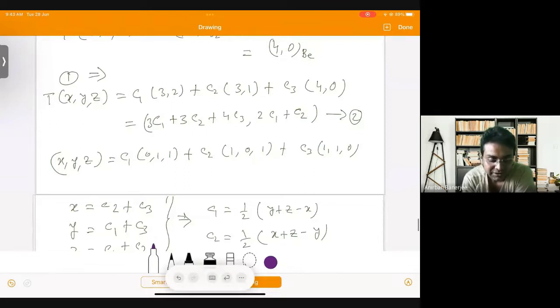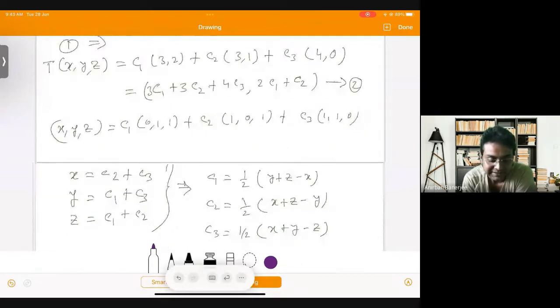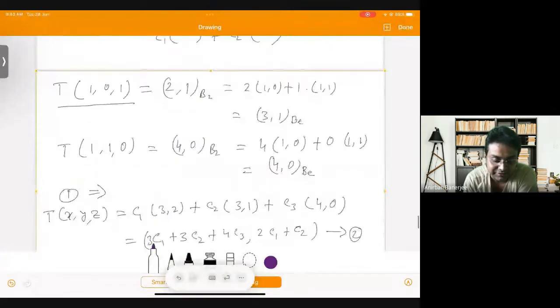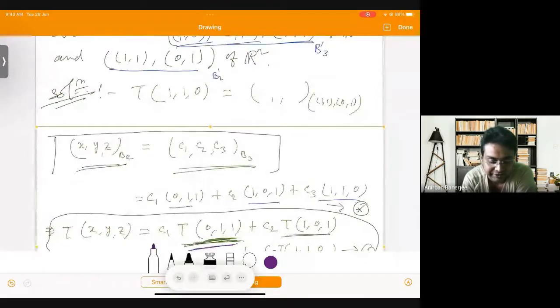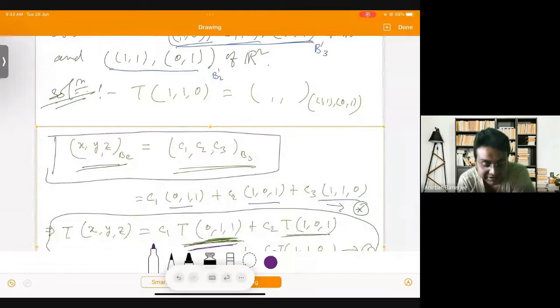How to do that? If you go back to where we started, the first equation says xyz, the same vector with respect to the standard coordinate system, equals c1, c2, c3 with respect to the B3 coordinate system, right?